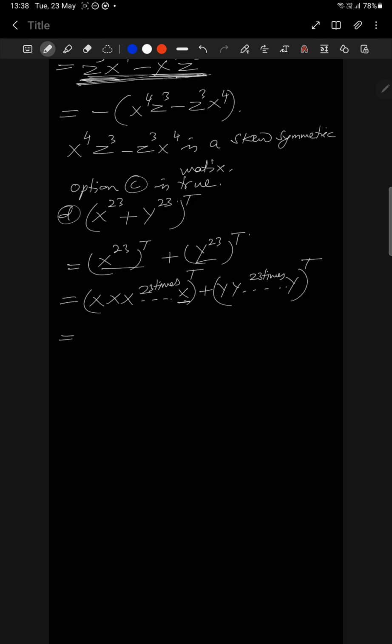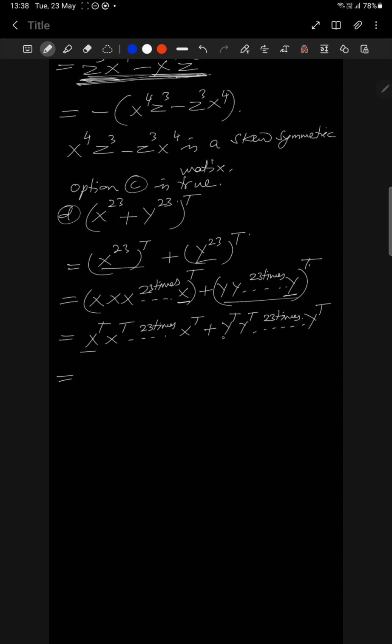Using the property again, we start from the end: x transpose, x transpose, 23 times, plus y transpose dot dot dot y transpose, 23 times.